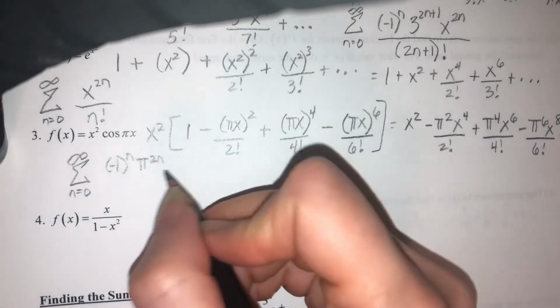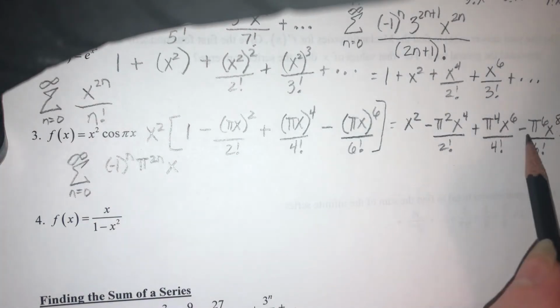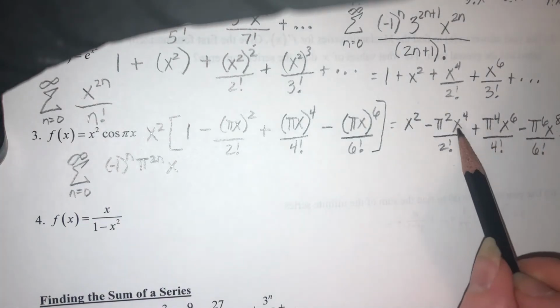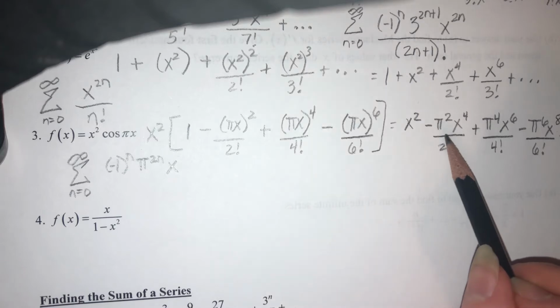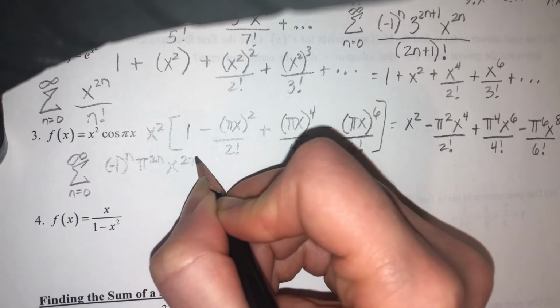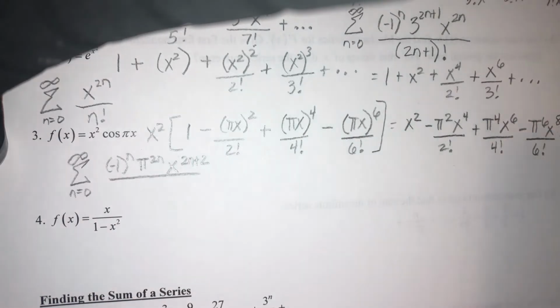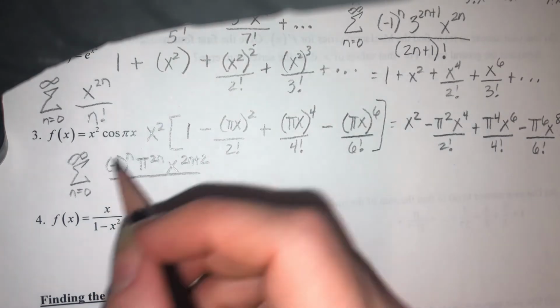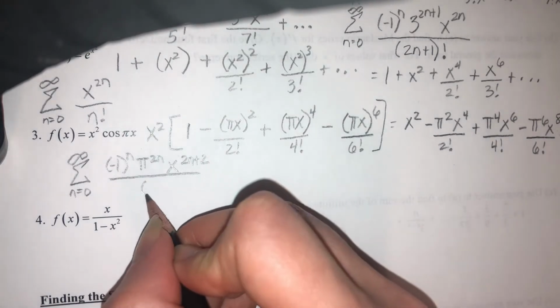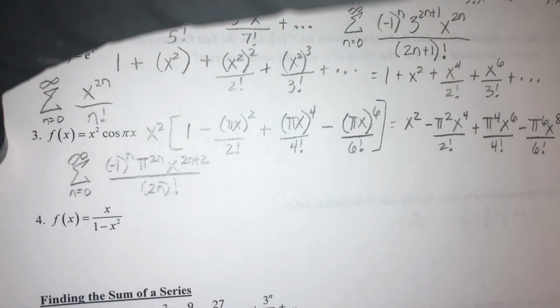And then I have x is also even powers, but it's 2 more than whatever the power is on the pi. So 2n plus 2, all divided by the factorial matches the power on the pi. So 2n in parentheses factorial will do that.